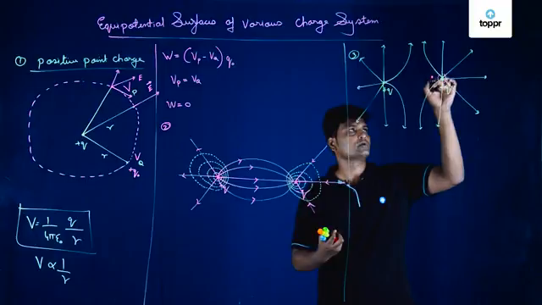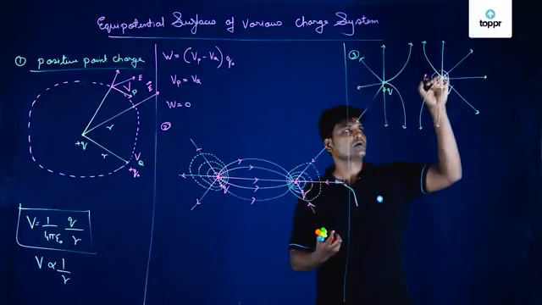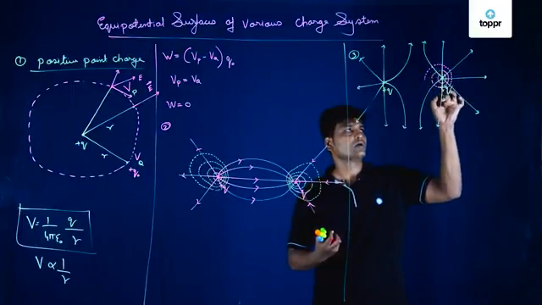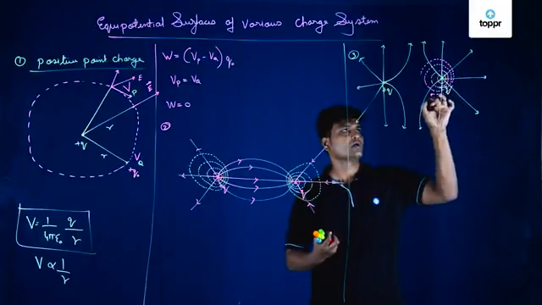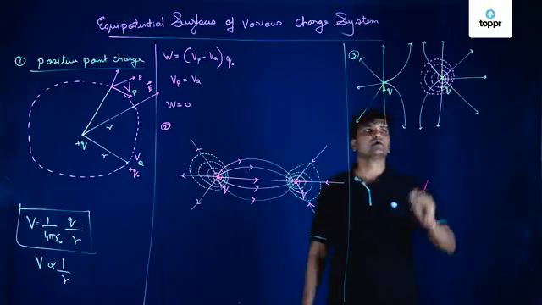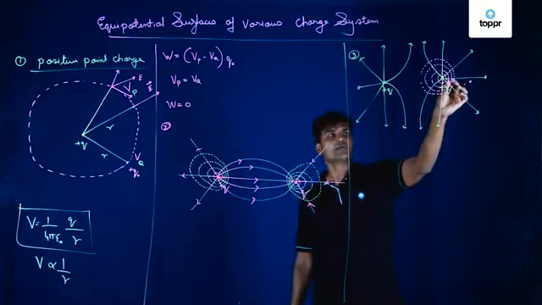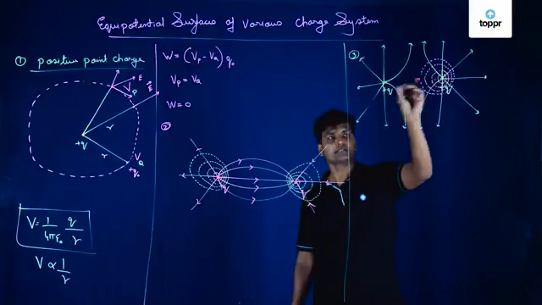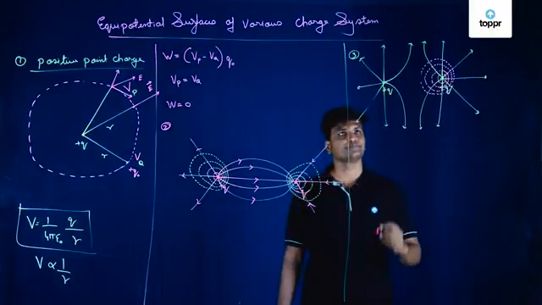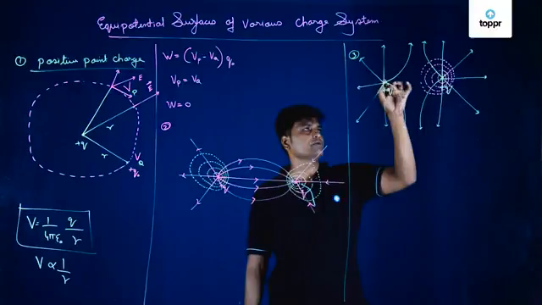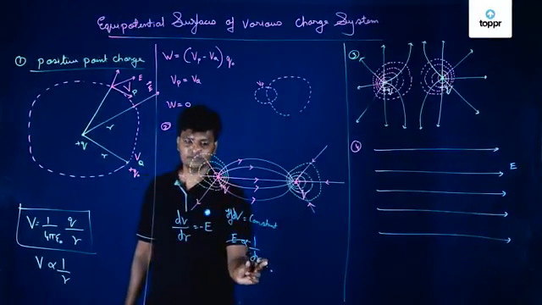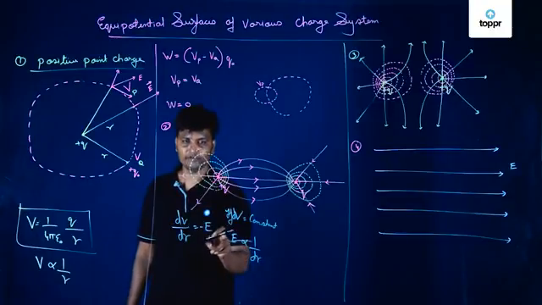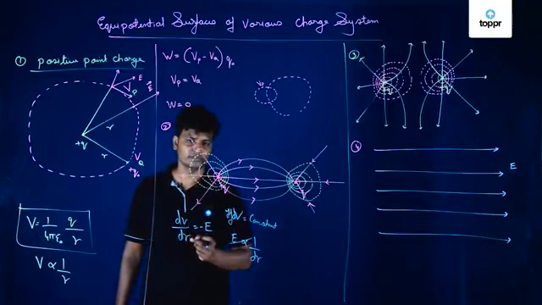Here the equipotential surfaces are more crowded, and here they are less crowded. Even here. So, with a change in distance, if the distance is less, then the electric field will be more, right?